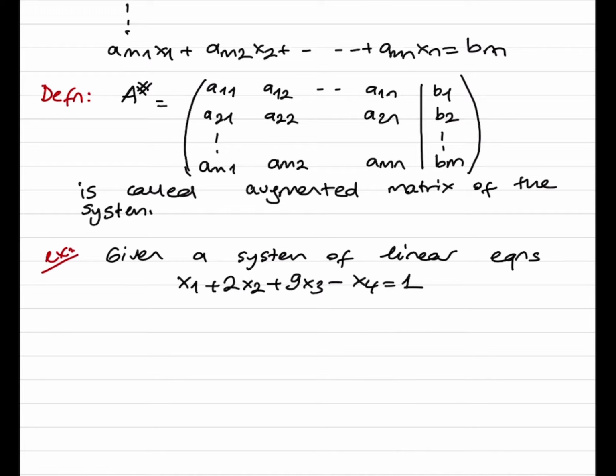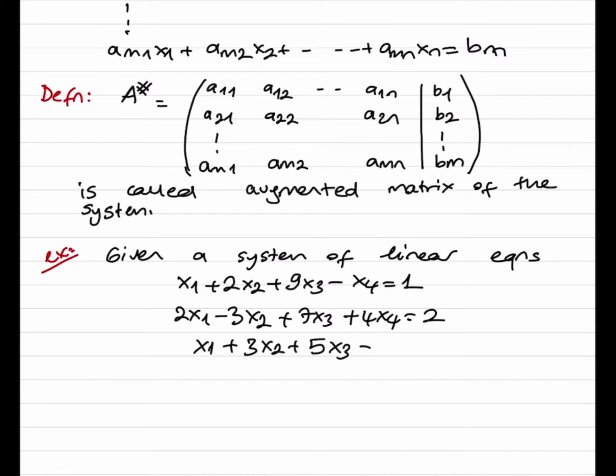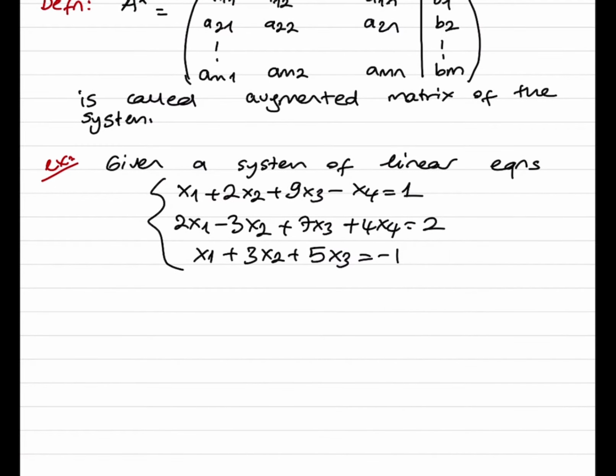So we have 4 unknowns, x1, x2, x3, x4. Then 2x1 minus 3x2 plus 7x3 plus 4x4 is equal to 2, and x1 plus 3x2 plus 5x3 is equal to 5. Given this system, write the augmented matrix.